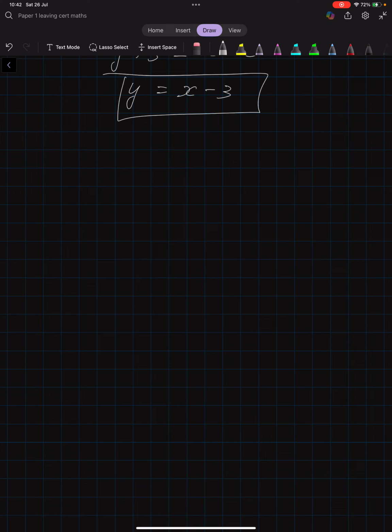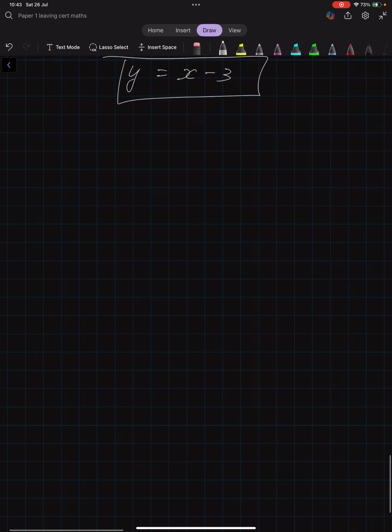Is this formula in your log tables? Yes. If you don't have practice with this, will you be able to figure it out on the exam? No. It's very, very difficult, okay? It takes a lot of getting used to, and the best way of doing it, I find, is by examples. So I'll do 3 or 4 examples, and then I'll leave it at that, okay?